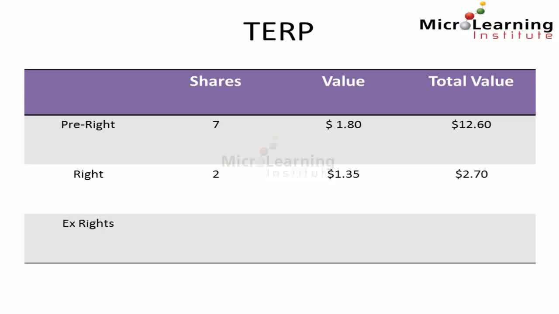Post the right, or ex-right, each shareholder would now have a total of 9 shares which would theoretically be valued at $15.30. So if their 9 shares are theoretically valued at $15.30, the theoretical ex-rights price per share is $1.70. This gives the shareholders a bonus at which we issue them 170 shares which have a current value of 180.